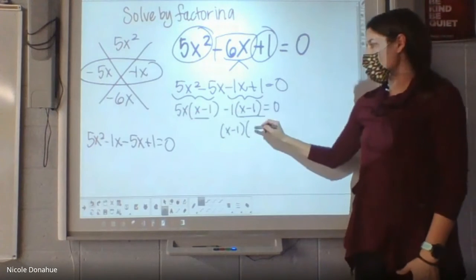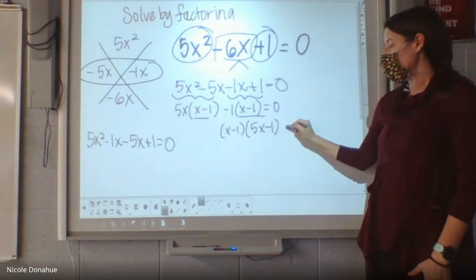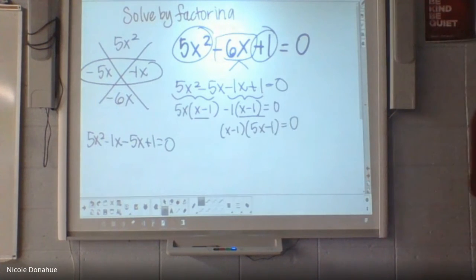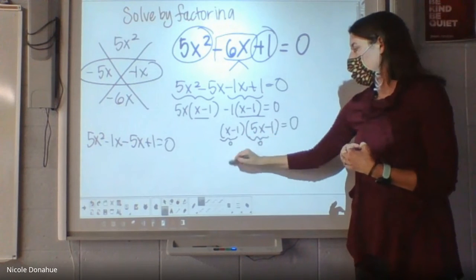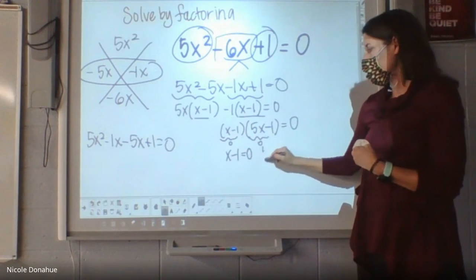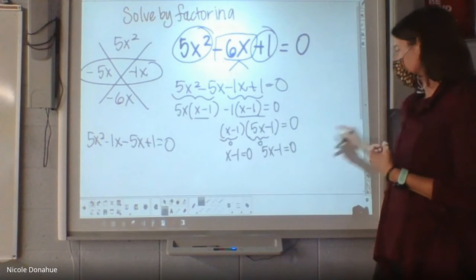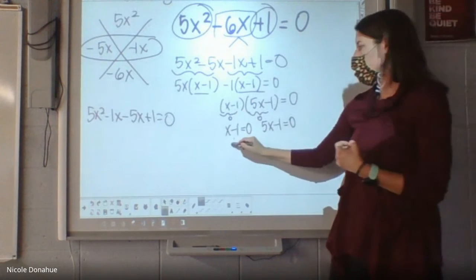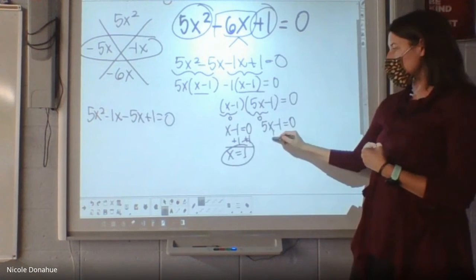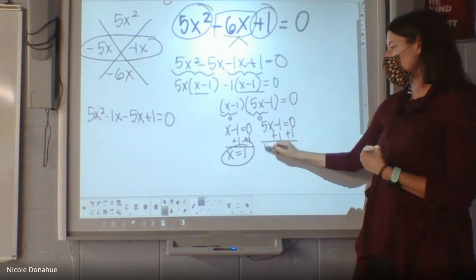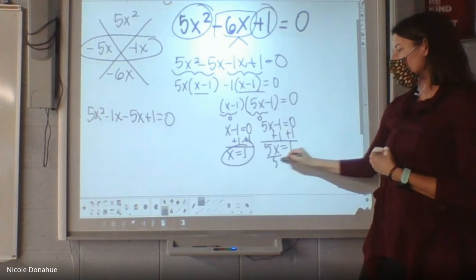So then I have 5x minus 1. Then I'm going to set each of these equal to 0 and solve. So we get x equals 1, and also 1/5.